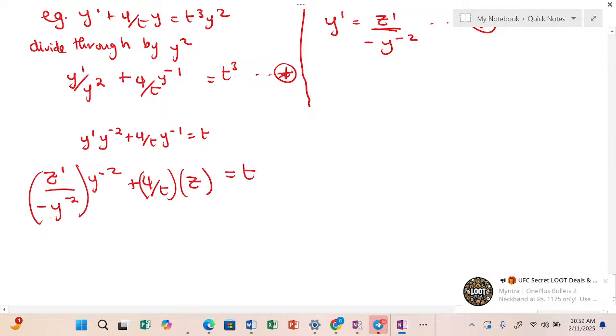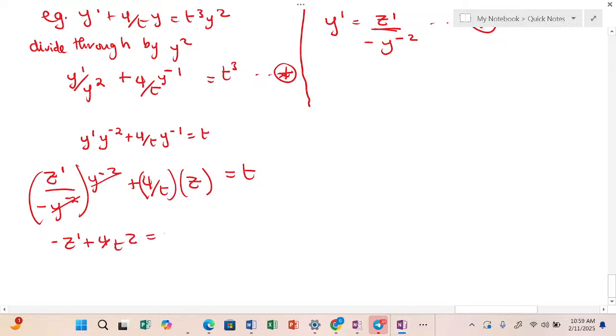Here we could see that this one takes away that. So we come to a point where we have negative z prime plus 4 on t z is equal to t to the power 3. So this becomes our equation 4.